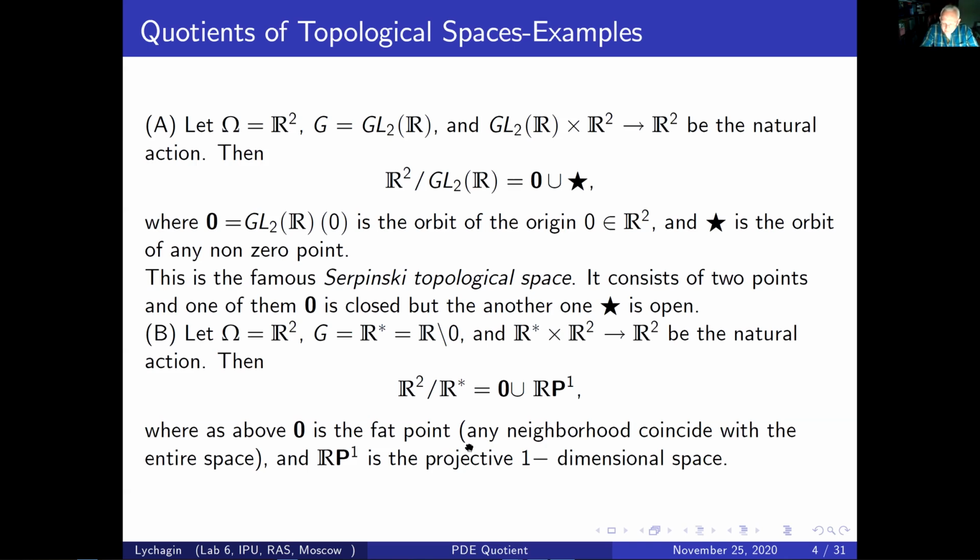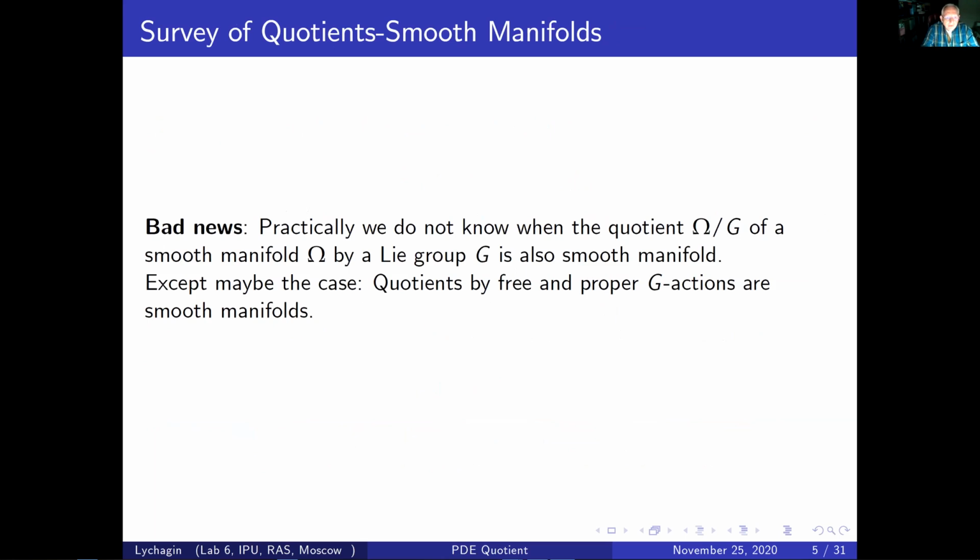Okay, so this is what happens with topological spaces, and let's make the next step. Take smooth manifolds, and honestly, I know only this last sentence: if we take quotients of manifolds by free and proper actions, then we will get once more smooth manifolds.